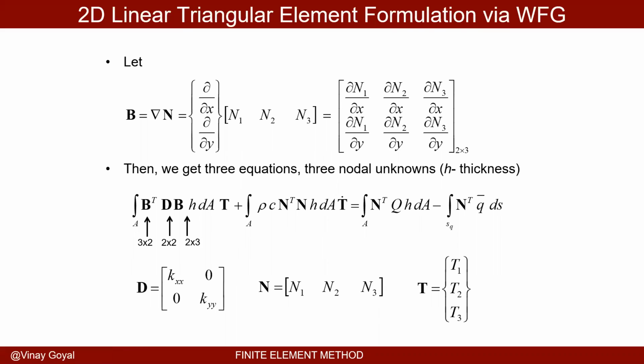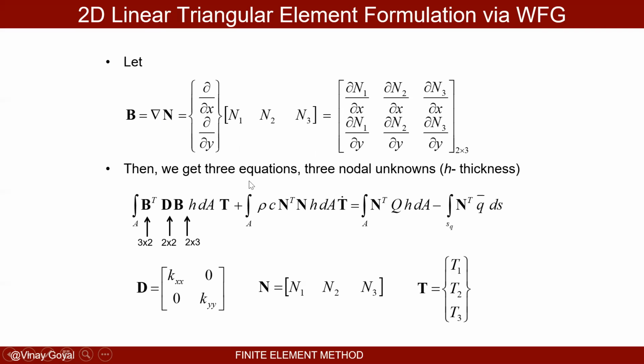I can further look at what the gradient of N bold looks like. I think it's important to discuss what that looks like. So the gradient of N bold is really this partial of x and partial of y, N1, N2, and N3. That's how you take the gradient. It's very simple. You multiply this by that, and that gives you the first row. Multiply this by that, and you get the second row. So it's 2 by 3, 2 rows by 3 columns.